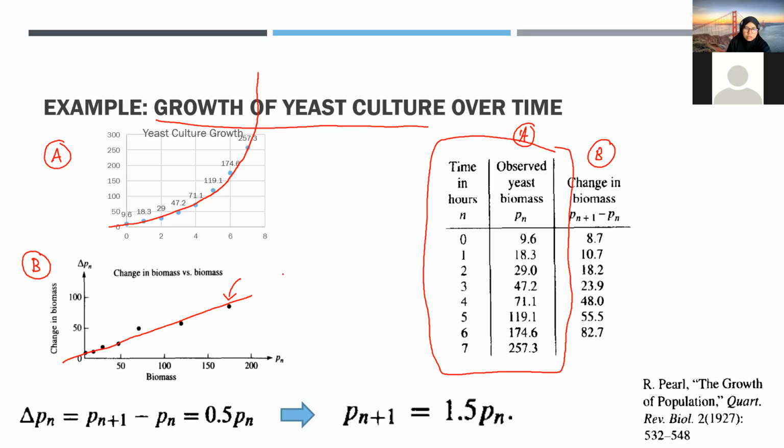The change is just 0.5 in the overall time period. So when you do this, we can say that P(n+1) - P(n) = 0.5 P(n). Based on this one, the slope is 0.5. So the future value is P(n) + 0.5 P(n). So this is 1 + 0.5, this is 1.5 P(n).